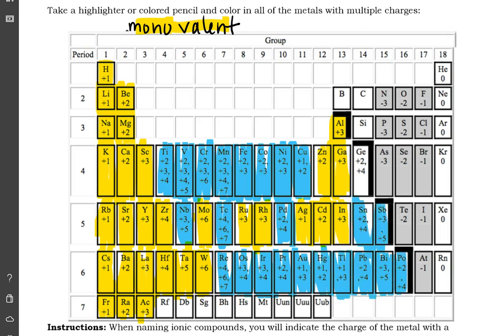You can pause and do this much more neatly than I'm doing it if you like. These are all going to be what we call multivalent, which means they're going to have more than one possible charge.